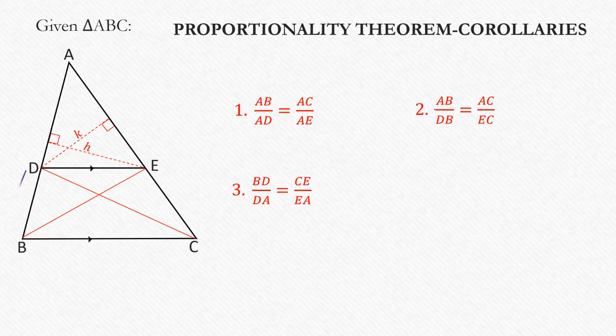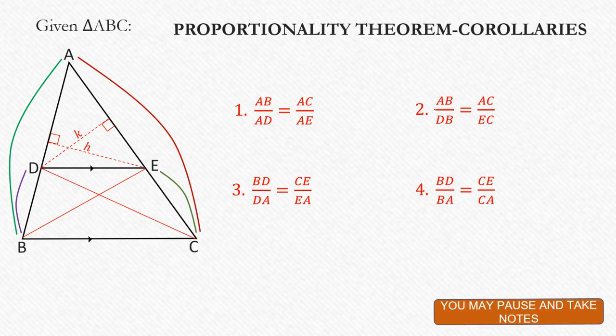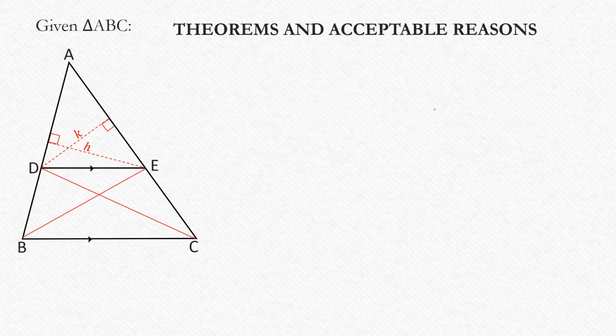And then we can say BD over DA is equal to CE over EA. And the last one, BD over BA is equal to CE over CA. So those are the four corollaries you have to know. I hope you managed to learn something. Keep on revising till you understand it.